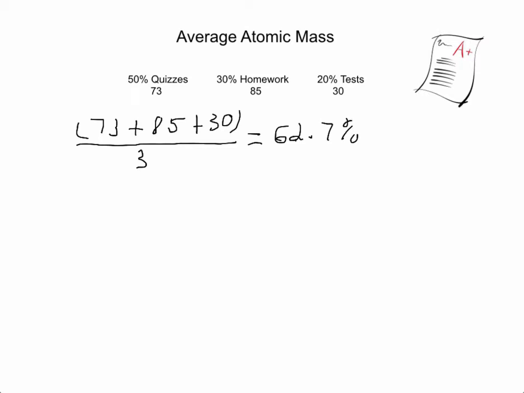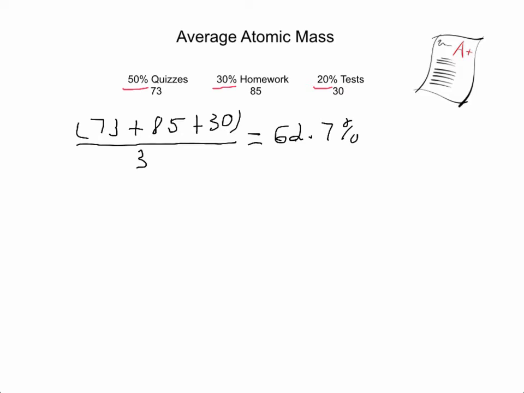But this is ignoring that each grade is worth a different amount of your total grade. Quizzes should play a much bigger role in your grade than homework or tests. So how do you take this into account?